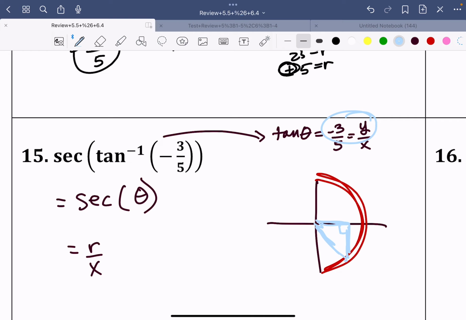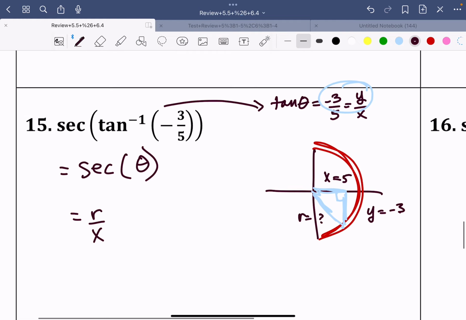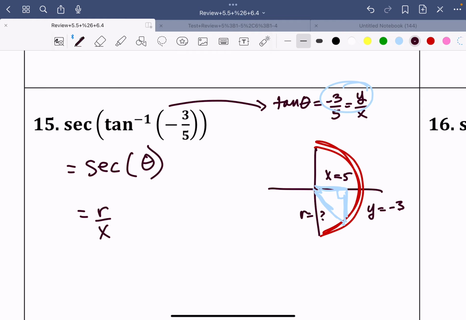All right, so that means that y is equal to negative 3, and x is equal to 5, and r is something I don't know. Right? Okay, so I need to find r, because as of now, I just know that x is 5. I don't know what r is.